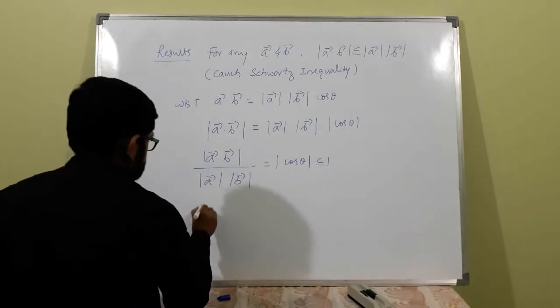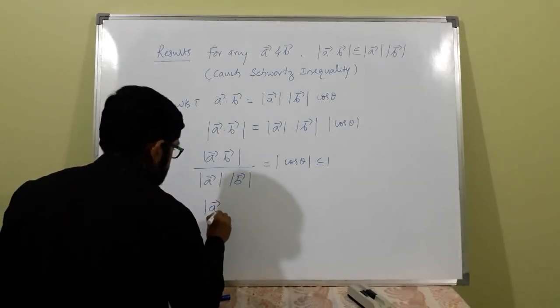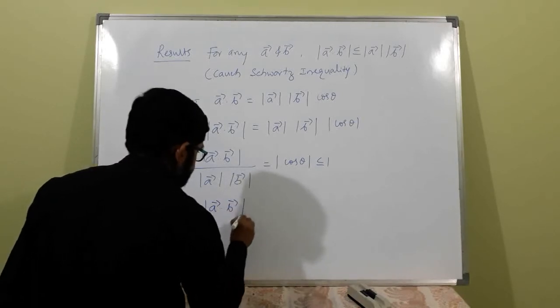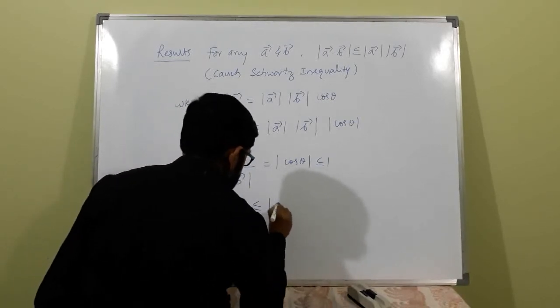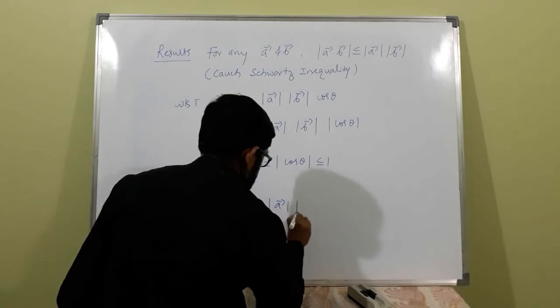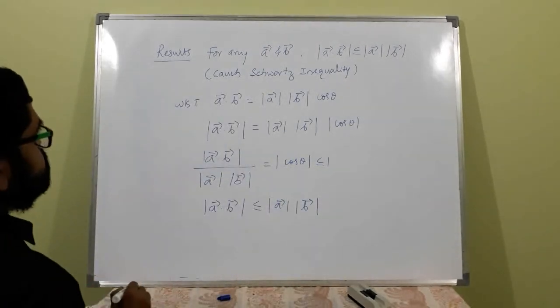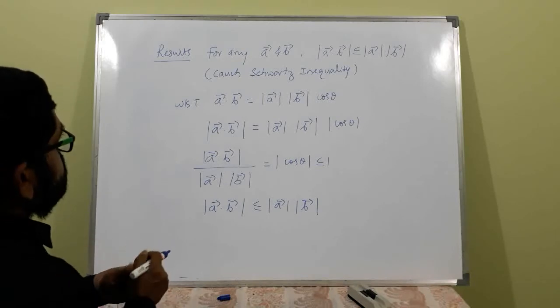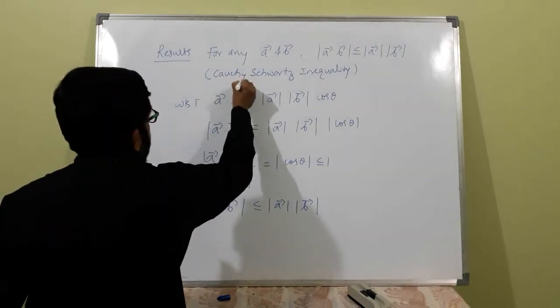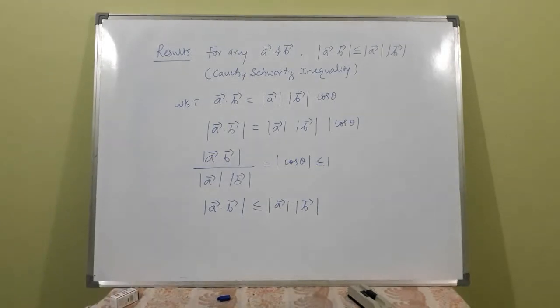So this directly implies A dot B is less than or equal to the product of magnitudes of A and B. So this is called the Cauchy-Schwarz inequality. There are many inequalities, Chebyshev's inequality and all.